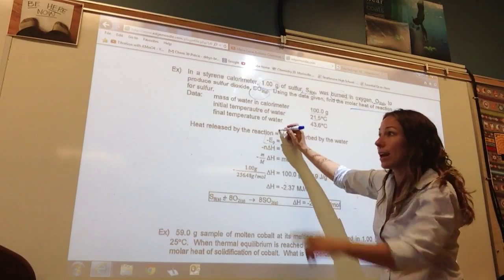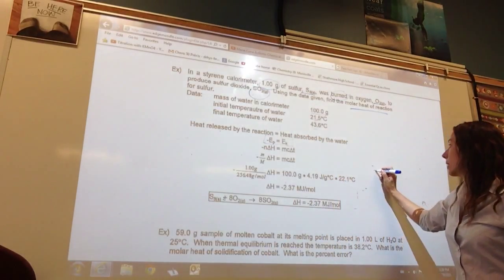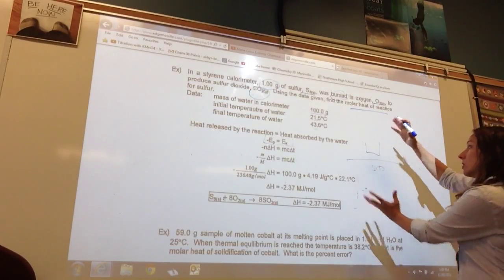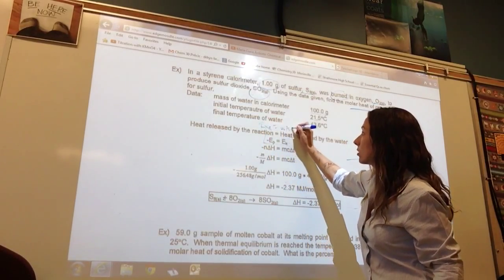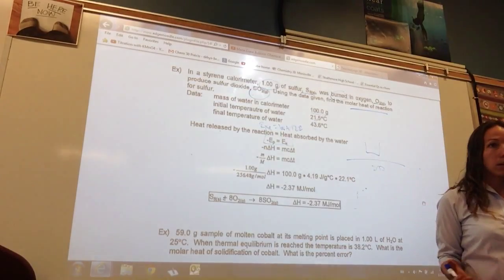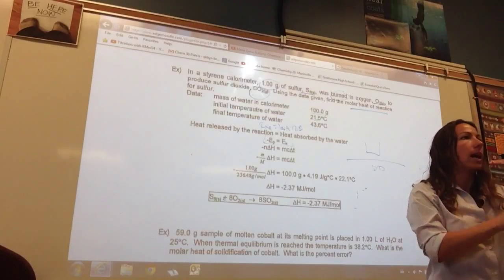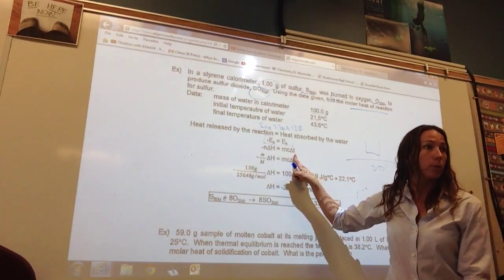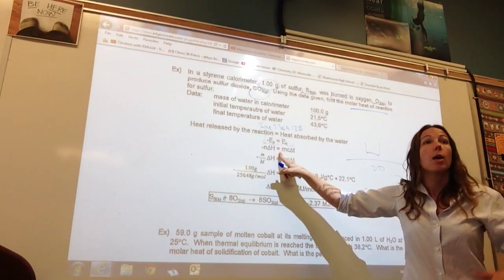So basically, you know that line that I drew on the board over there with the reaction, like we have the flames here, the reaction line, the pot of water? This line is now just tilted. So this is the reaction, this is the water. Get it? So you have to keep them separate in your mind, otherwise you're going to end up using wrong masses for wrong places. So the water is increasing in temperature, so I use the C of the water, not the C of sulfur, and I use the m of the water.